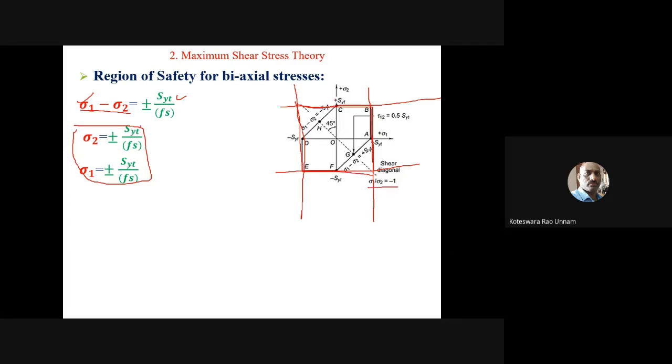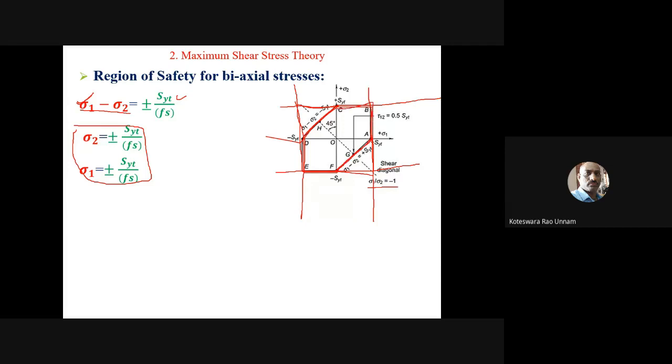If I want to plot this on the sigma 1, sigma 2 graph, this is the line for sigma 1 minus sigma 2 is equal to plus S by D, and this is the line which will give you sigma 1 minus sigma 2 is equal to minus S by D. The region bounded by all these lines is this region.